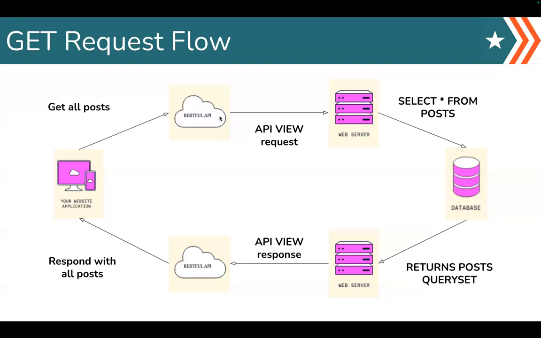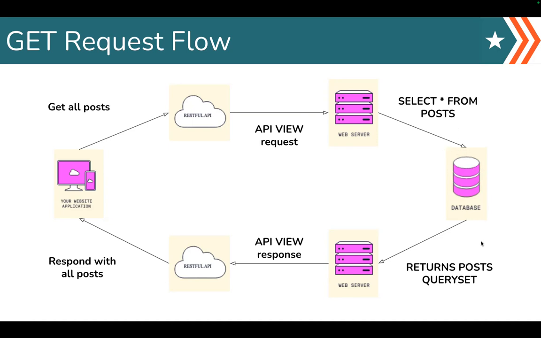That virtual machine then accepts that request and sends it over to our Django server. Our Django server then gets routed and says, all right, this URL pattern should be working with this API view. That API view runs a grab all from characters.